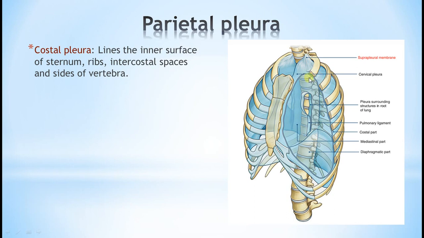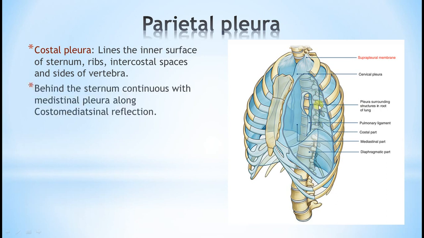Then it also lines the sides of the vertebra. From the ribs, it reflects onto the sides of the vertebra, and the place where the costal pleura lines the side of the vertebra is called the costovertebral line of reflection.